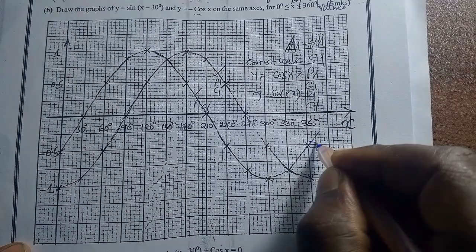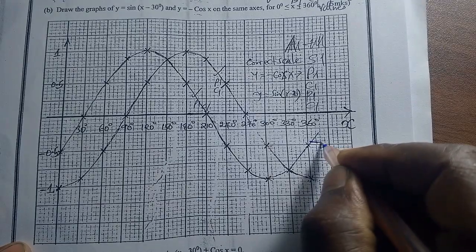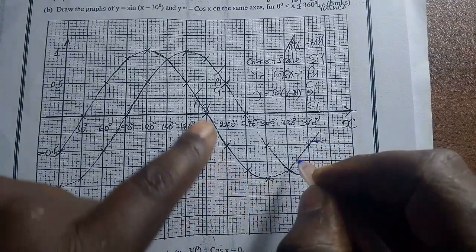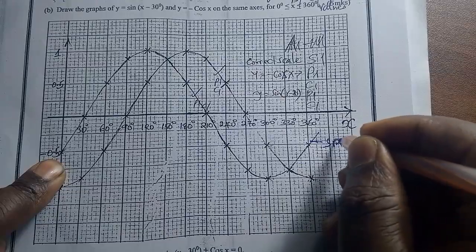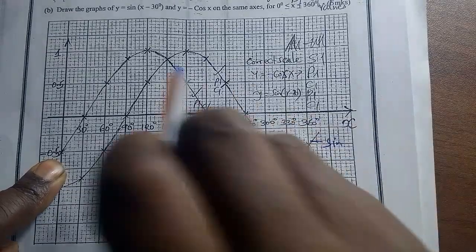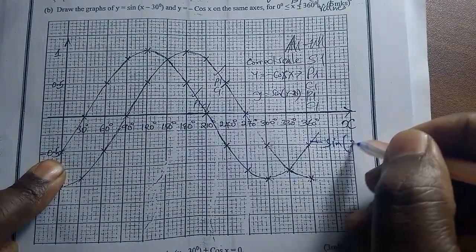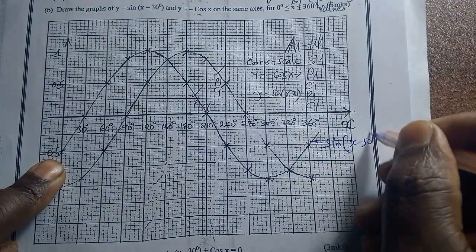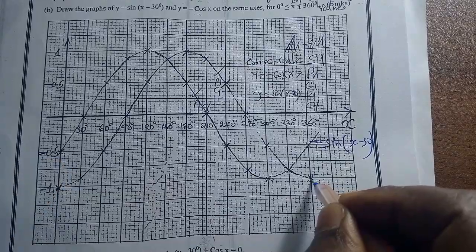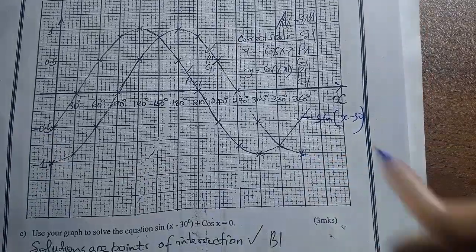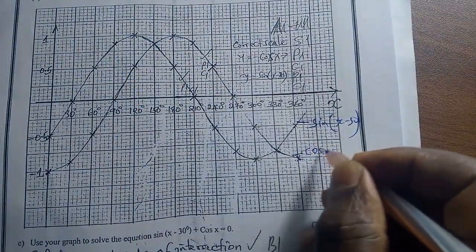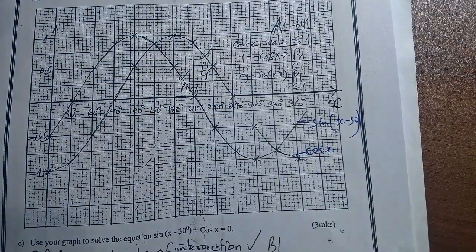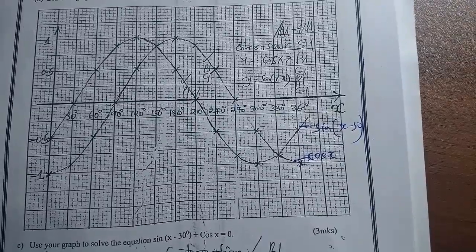Like this, you label and say this one, this graph here is for sin of x minus 30, and this graph here is for negative cos x. That is labeling. Remember to label that for you to score all of the 5 marks.